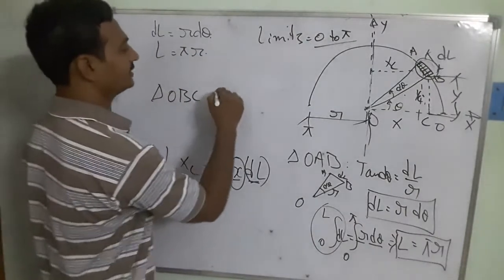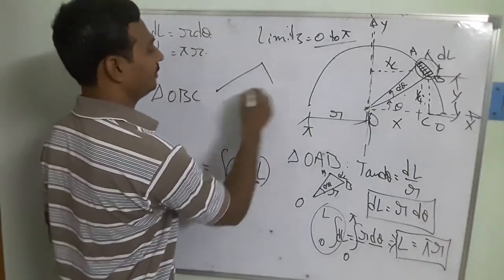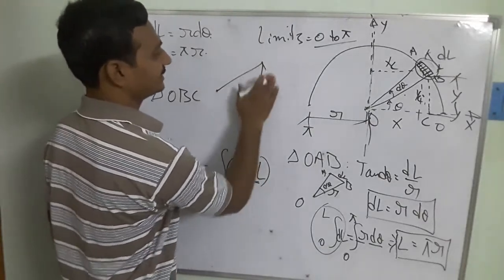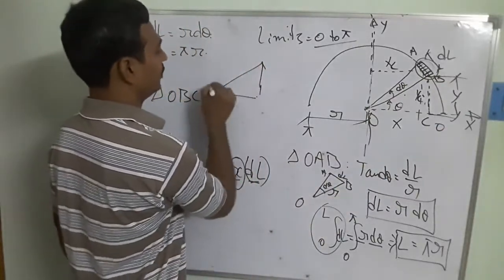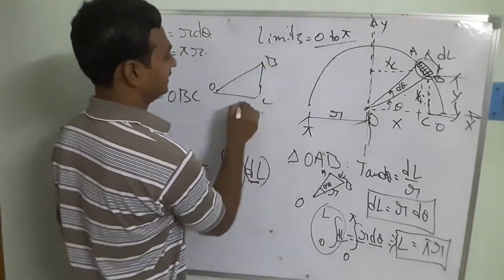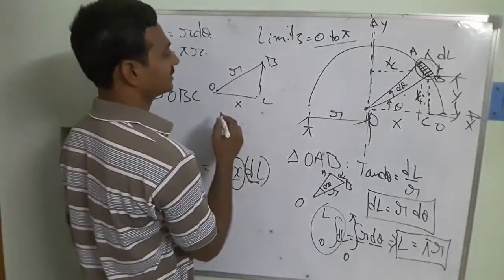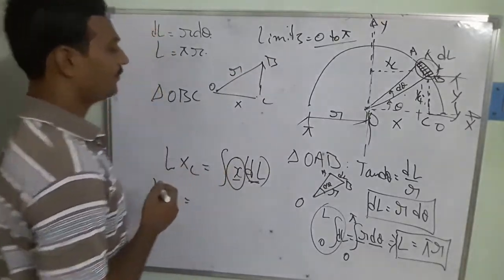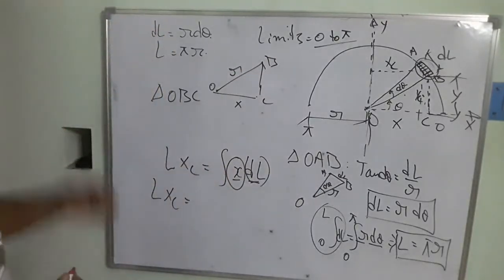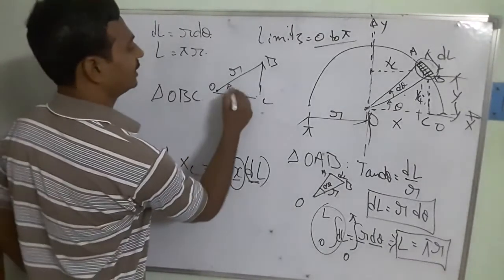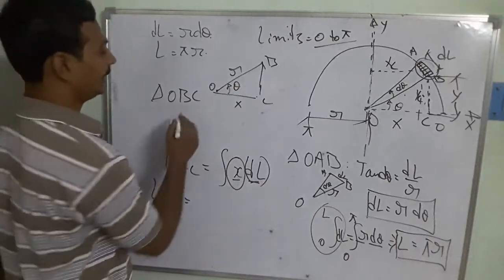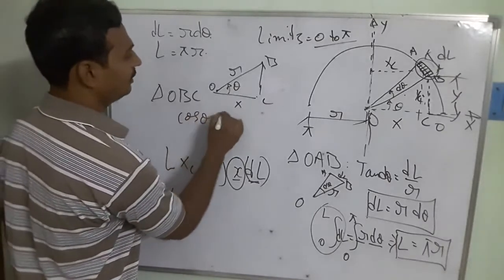So what is this part? This is like this, because I have taken the projection of the point B over here. So this is O, B, C. This is the x distance, this is the r distance, right? So we need to find out that part. If I take this as the theta, right? Then cos theta is equal to x by r.